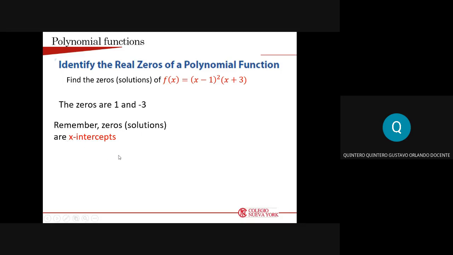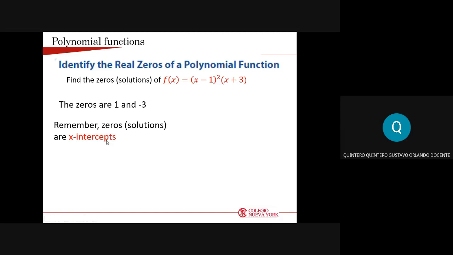De nuevo, lo digo en españolito por si se me pierden. Esto también lo vimos en el review que hicimos de Kahoot. Ceros se pueden llamar soluciones o interceptos con X. Esos son los 3 nombres que tienen las soluciones: se pueden llamar ceros, soluciones o x-intercepts.